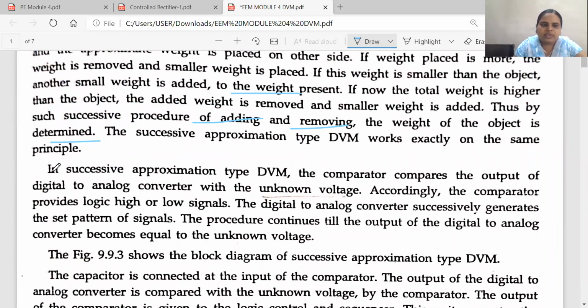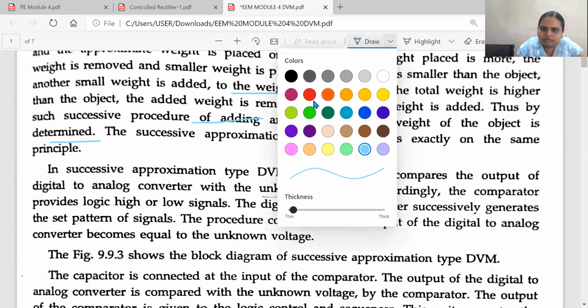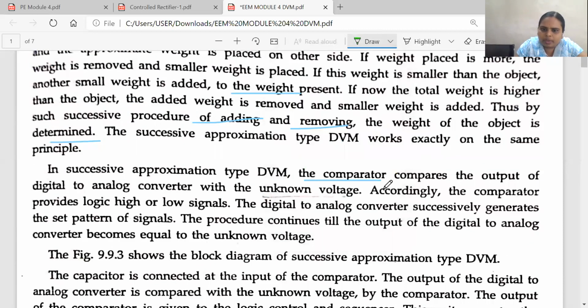In the successive approximation type DVM, observe here, we use a comparator. The comparator compares the output of the digital to analog converter with the unknown voltage, which we don't know.